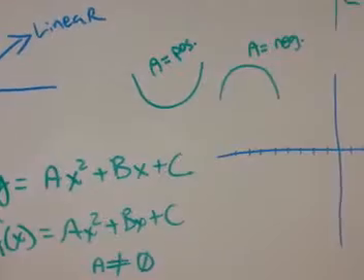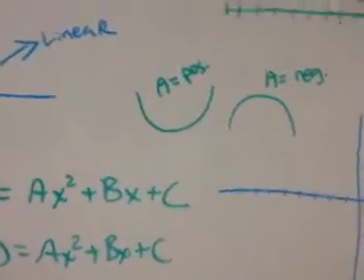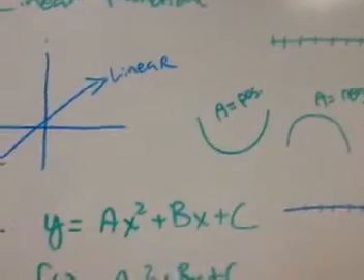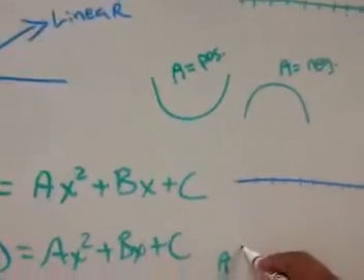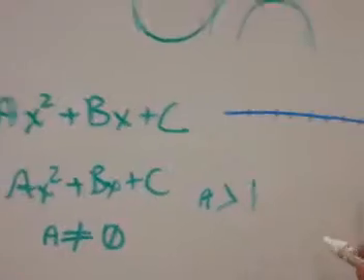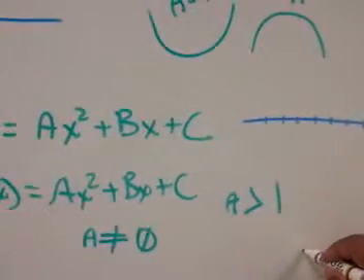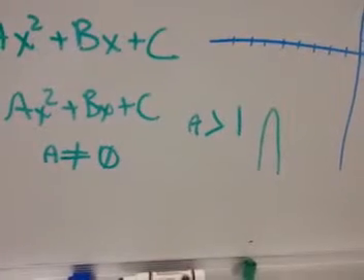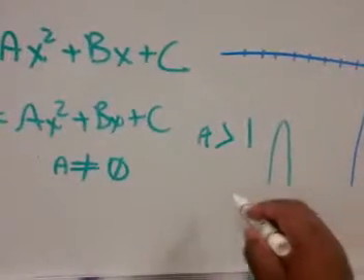So, what if A is greater than 1? In our case here, x squared just has a 1 in front of it. Well, what if A is greater than 1? If A is greater than 1, you're going to have a real steep parabola.